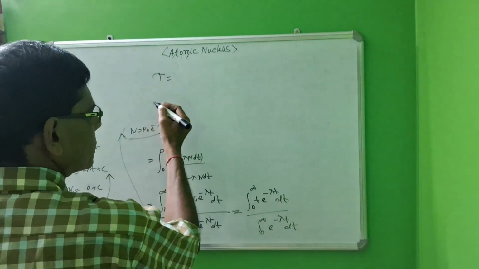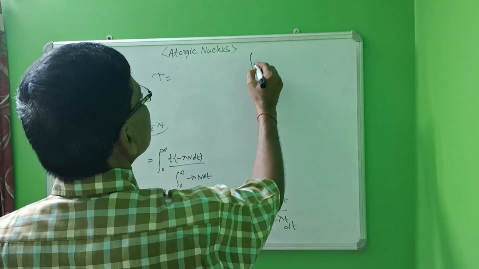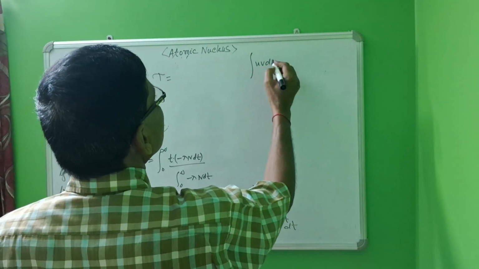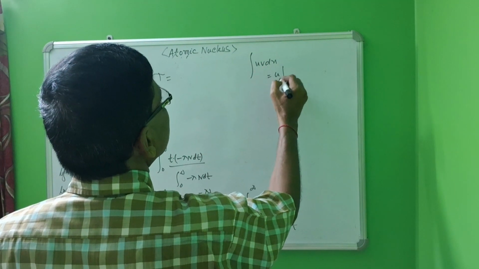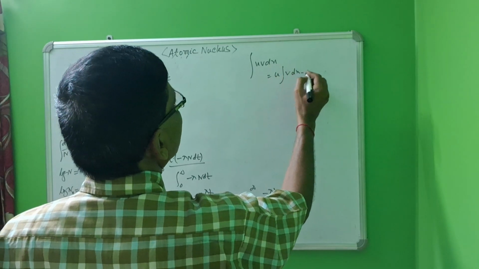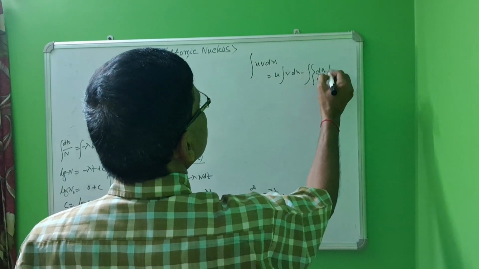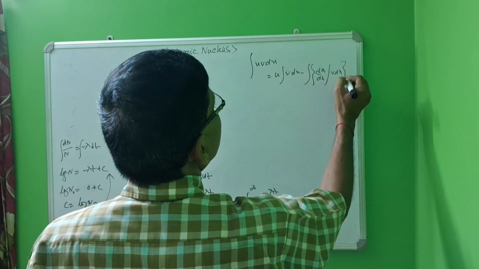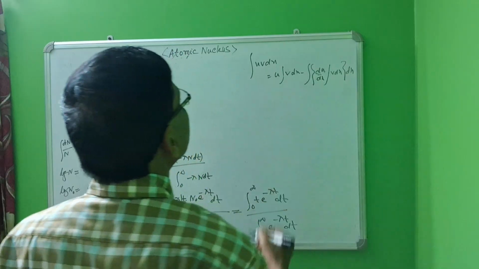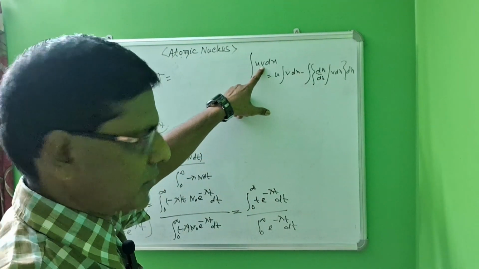Now tau equals, integrating by parts, we know integral of uv dx equals u integral v dx minus integral of du/dx times integral v dx, dx. This is the integration by parts, where u is a function of x and v is also a function of x.